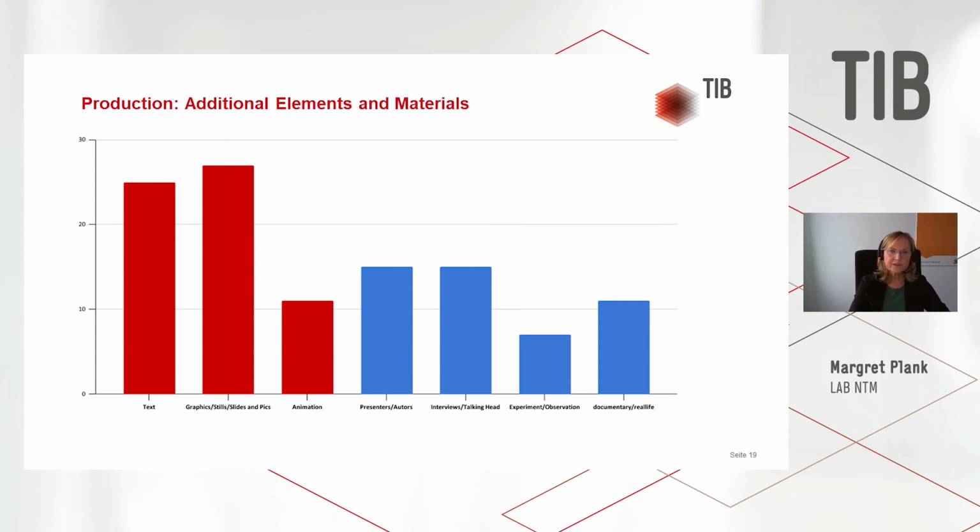When it comes to additional elements and materials, the majority used graphics, stills, slides, and pictures to make their presentations more interesting. So 27 used graphics, stills, slides, and pictures. 25 used text in the video. 11 used animations.